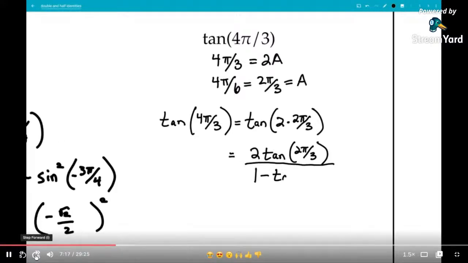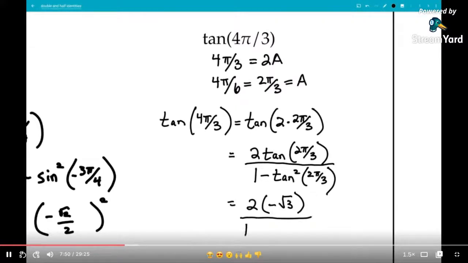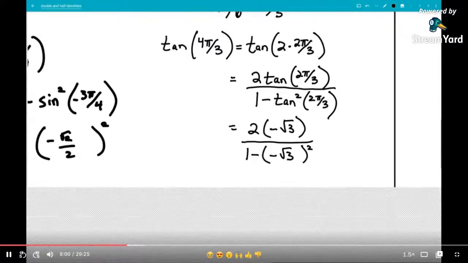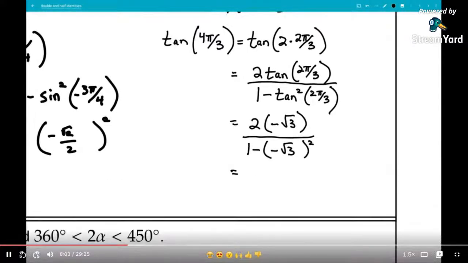I'm just going to give this a little kick up here. All right, so move it along. Little typo there. So after substituting in, now I'm evaluating. Tangent of 2 pi over 3 is negative square root of 3. You have the same value in the denominator.